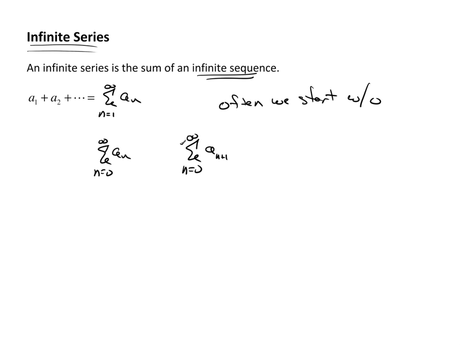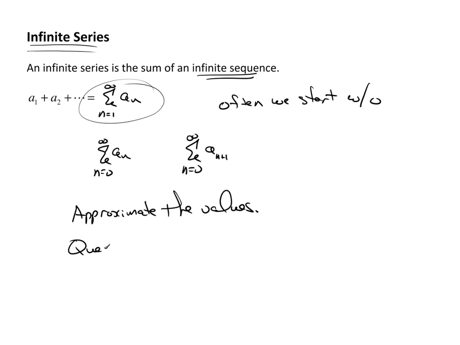Now, typically what we want to do is add these things up, or approximate the values. There are times when we really don't care what the number is, but really the question may be, does the series converge?